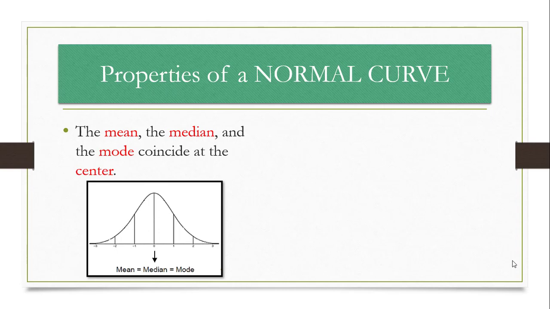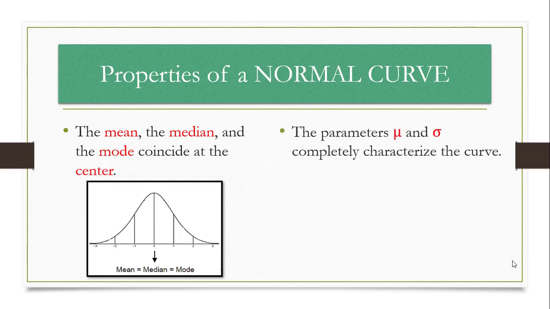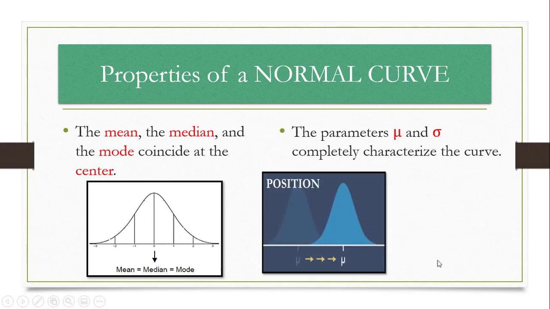Next, the parameters mean, with the symbol mu, and standard deviation, with the symbol sigma, completely characterize the curve. When we say completely characterize the curve, these parameters or measures actually identify the curve. Now, it looks like this.